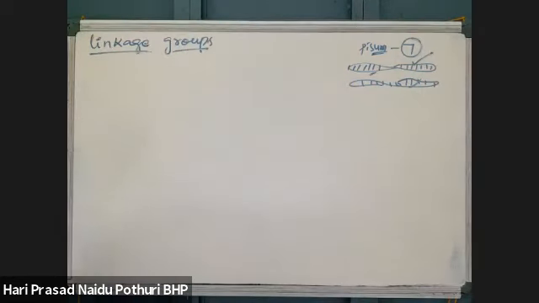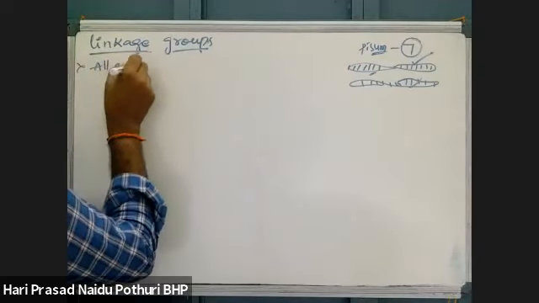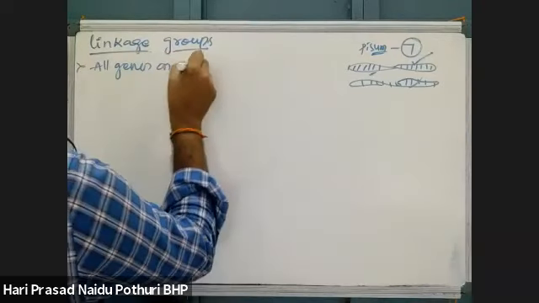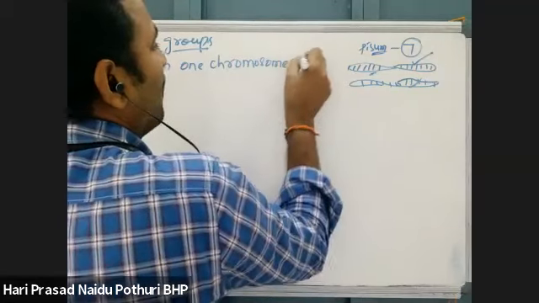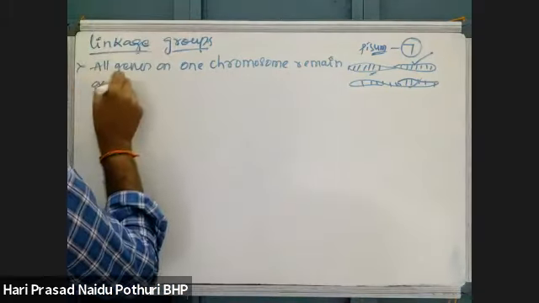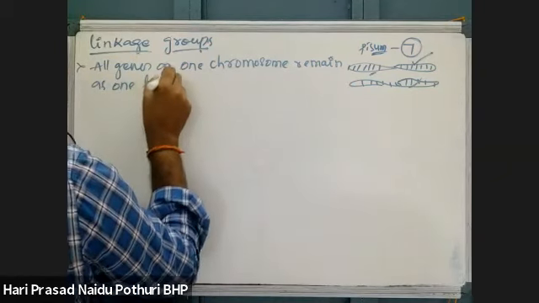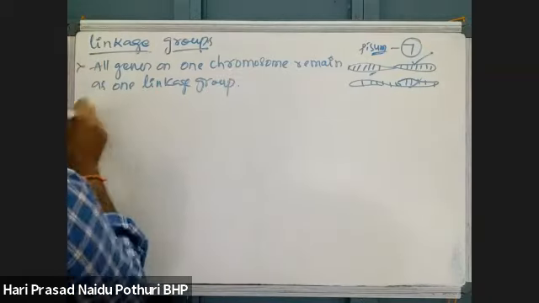What does a linkage group mean? All genes on one chromosome remain as one linkage group. How to find the linkage groups?